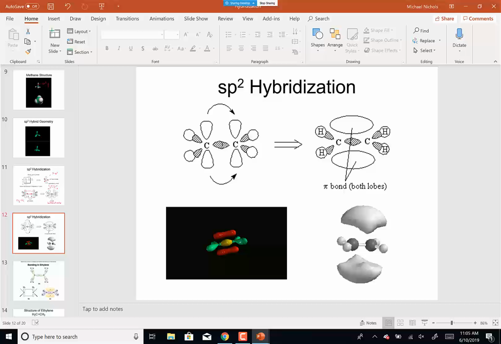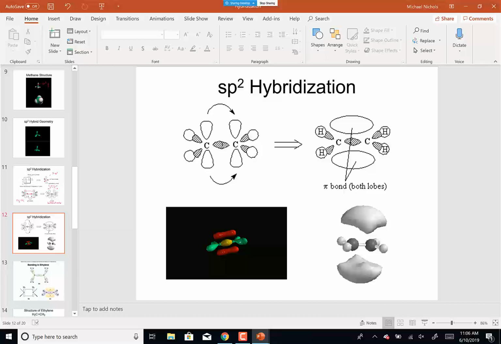So what does that molecule look like? I've got the little color-coded picture here. What we have is sigma bonds from the carbons to each of the hydrogens. We've got a sigma bond between the two carbons, and then we've got the two lobes of one pi bond. A pi bond is the top and bottom half held together.